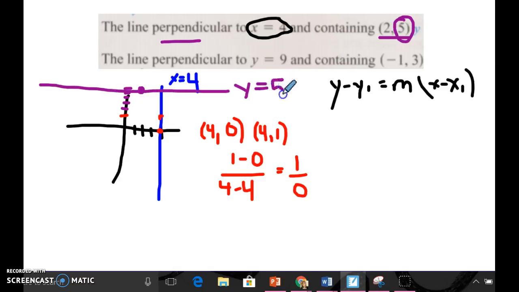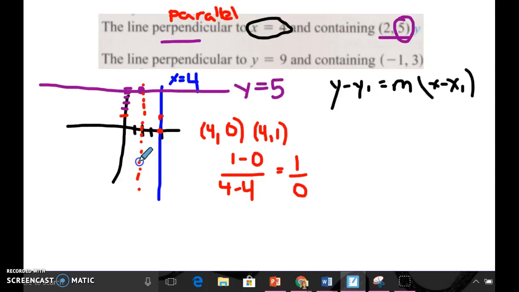That way it's perpendicular. If I wanted the line that was parallel instead of perpendicular, if this said, what's the line that's parallel to x equals 4 and also goes through (2, 5), well, then I need a line that goes through here. This would be the parallel. The equation would be the x coordinate.